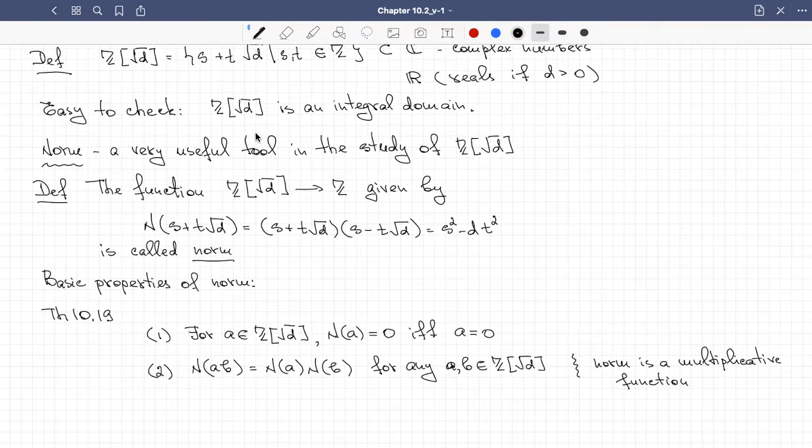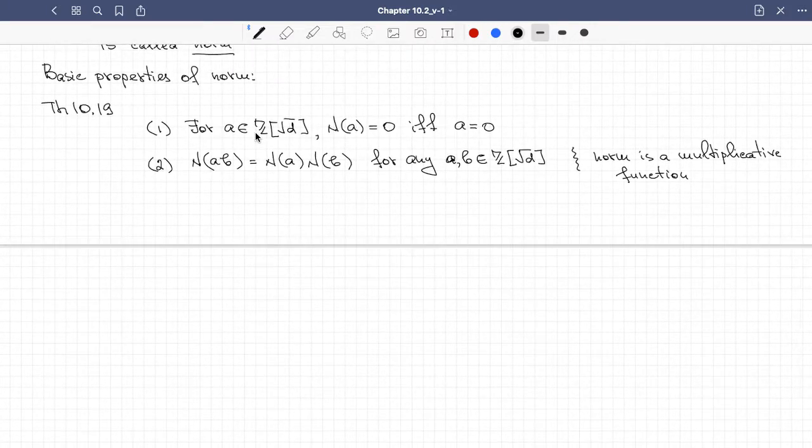So let this be a remark to make things clearer: the ring of Gaussian integers in these notations is Z of square root of -1, d equals -1, a square free integer.